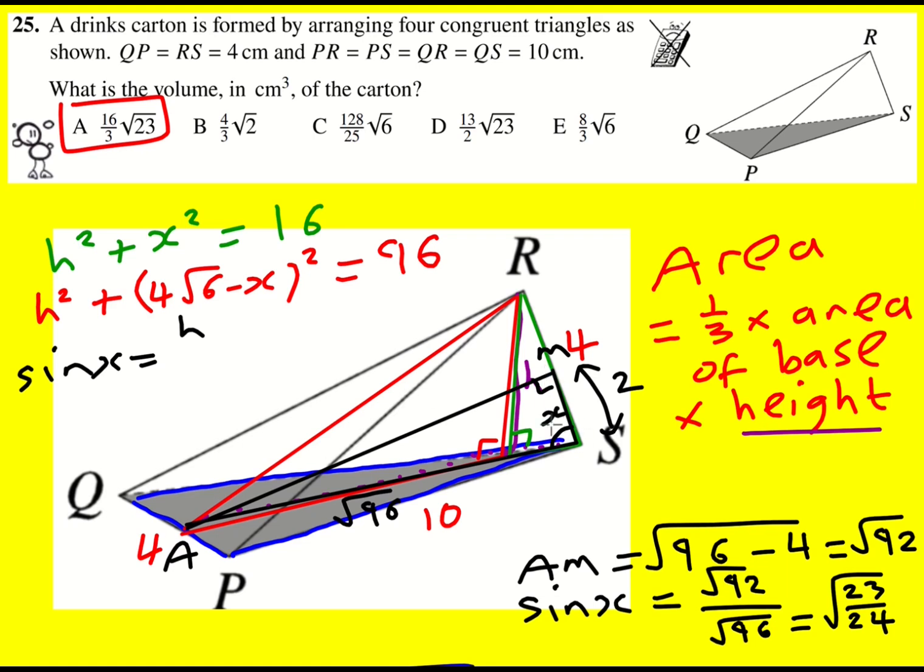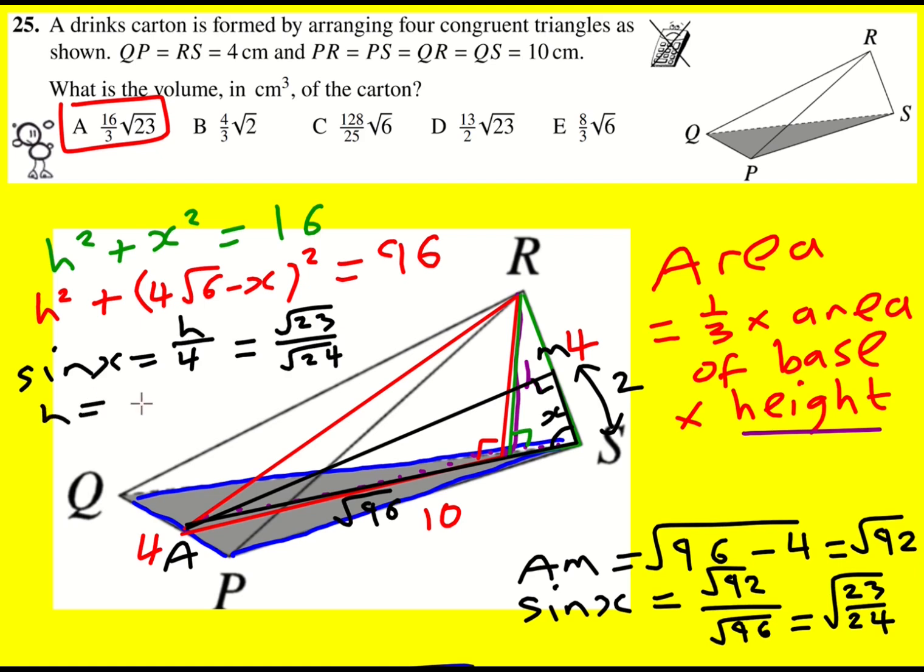And then I can work out this angle, or sine of the angle, I should say, because sine of the angle I can then use within the green triangle. And sine of the angle within the green triangle is going to be H over, so the opposite over the hypotenuse, H over 4. And that is equal to root 23 over root 24.